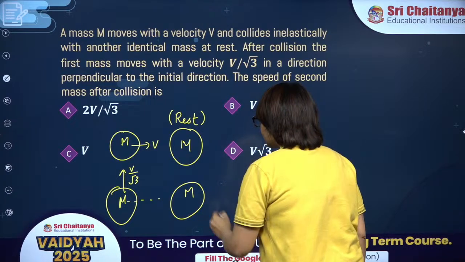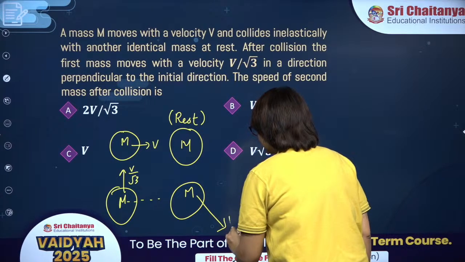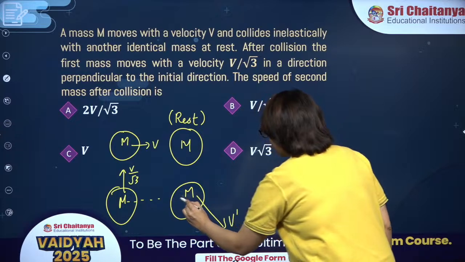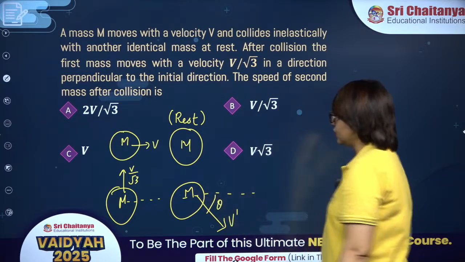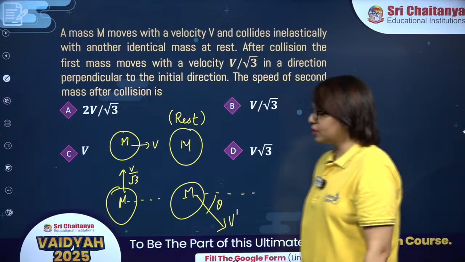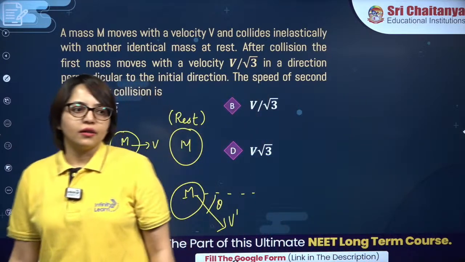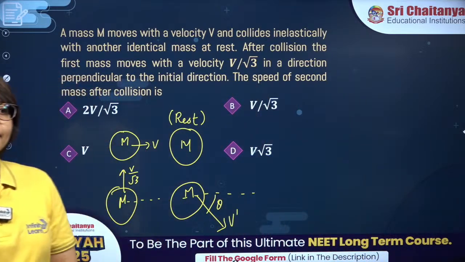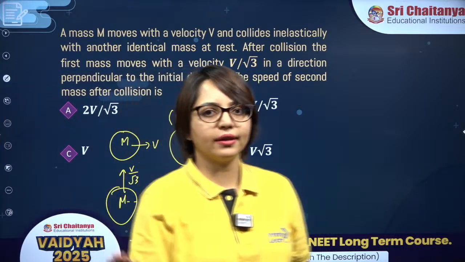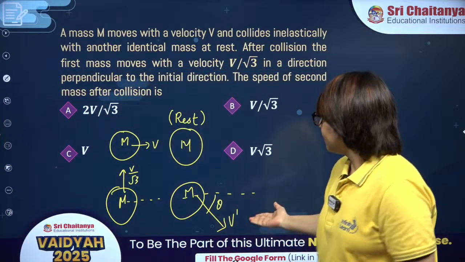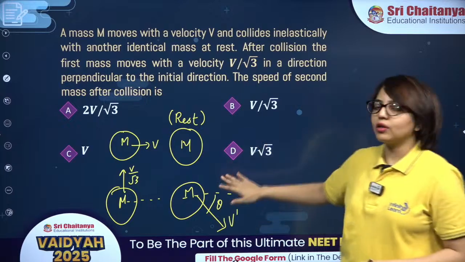Try this one. You can assume that it is v dash and it is going at an angle theta with respect to horizontal. So this is a two-dimensional collision. You can't assume either horizontal or vertical velocity. You have to assume at an angle theta. Whatever theta will be, you will get it after solving the question.